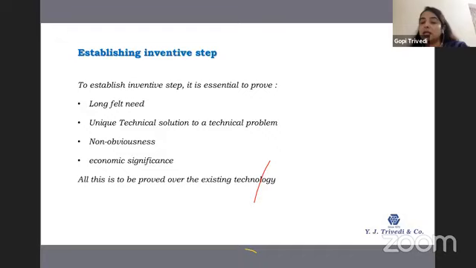That means the problem is not solved for a very long time, or you are going to provide a very unique technical solution to a given technical problem. It must be non-obvious, or it should be significantly economically good. All this is required to be proved over the existing technology.